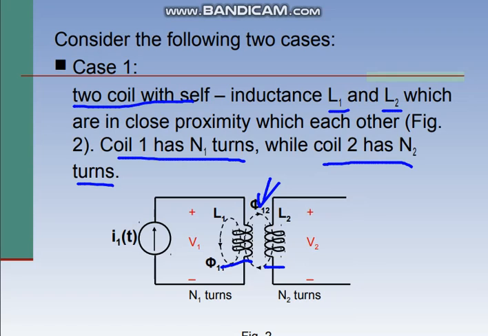Because a time varying current is produced in this coil, a voltage is induced here. Through the magnetic coupling, the magnetic field transfers energy from this coil to coil L2, and in the n2 turns we get another voltage.